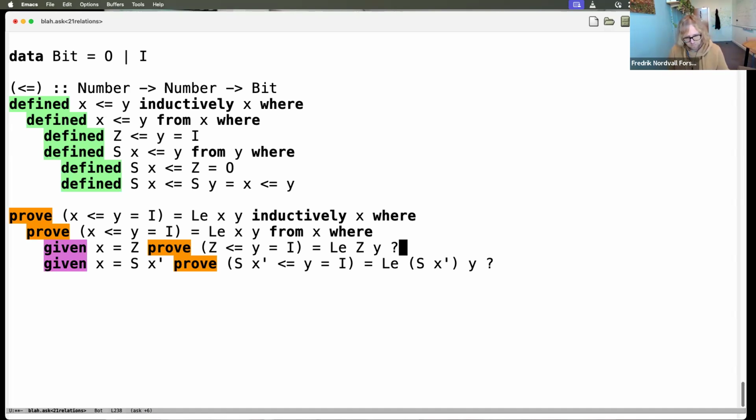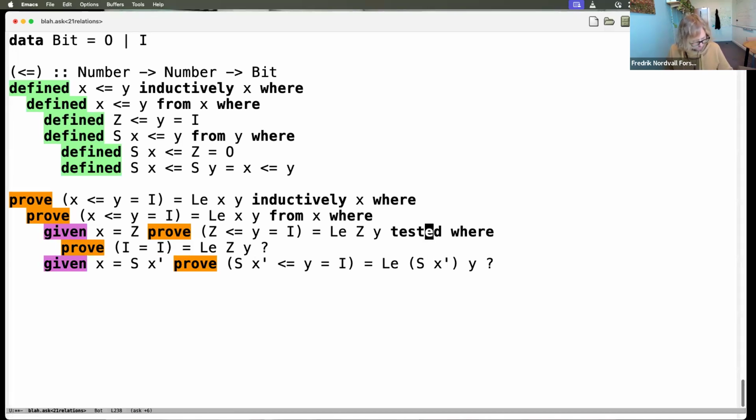And as of yesterday, you are now allowed to say test when the goal is something other than an equation. So test just means run this as much as you can. So we discover that we are actually trying to show that one boringly true statement, namely true equals true, is equivalent to another boringly true statement.